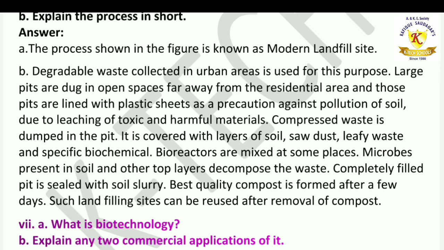Microbes present in the soil and other top layers decompose the waste. Completely filled pit is sealed with soil slurry. Best quality compost is formed after a few days. Such landfilling sites can be reused after removal of compost.